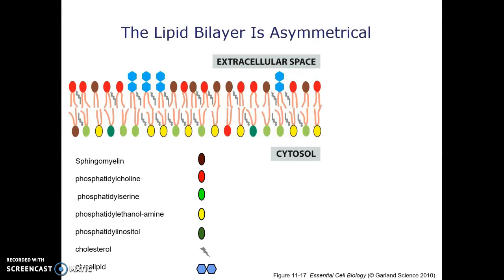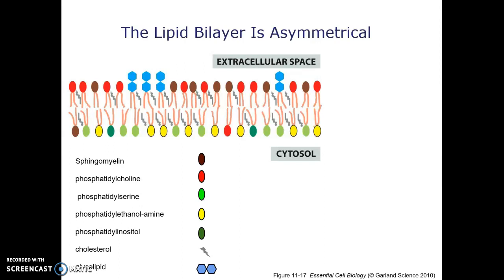So we keep the phosphatidylserines and the phosphatidylethanolamines on the inner leaflet using flippases, and we keep the phosphatidylcholine in the outer leaflet and the sphingomyelin in the outer leaflet for the most part using floppases.